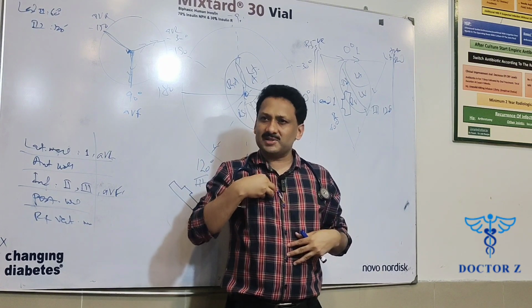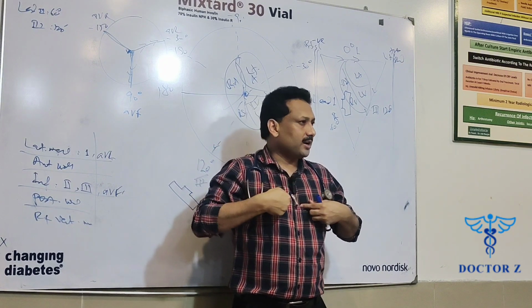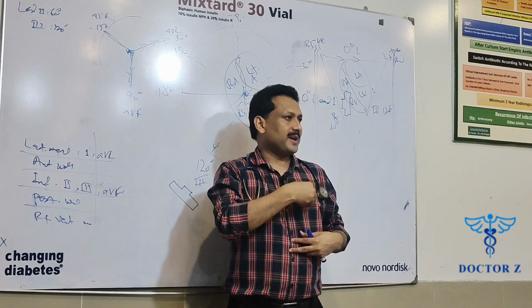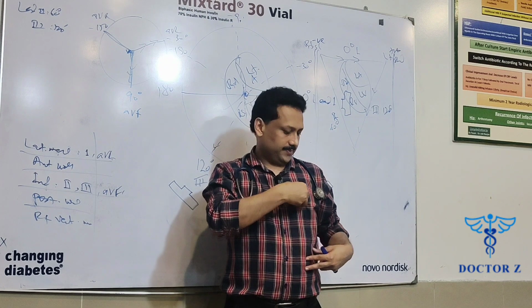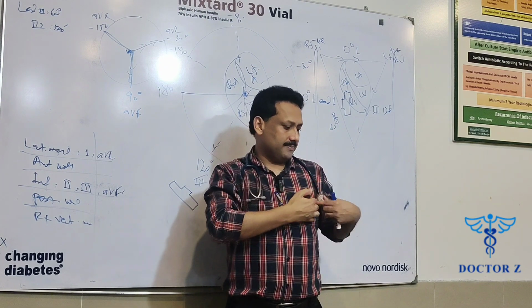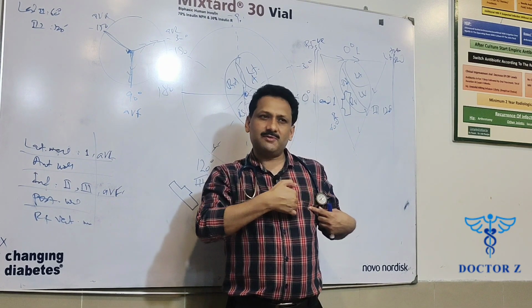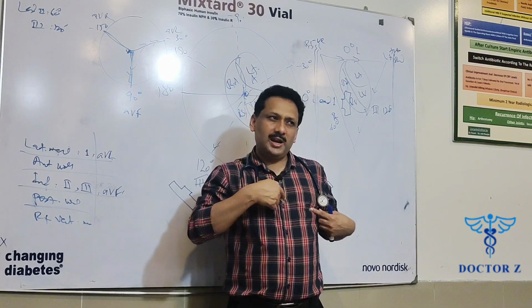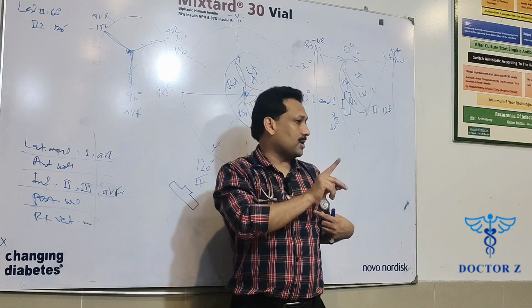We place these chest leads on the fourth intercostal space, right side, V1. Fourth intercostal space, left side, V2. Mid clavicular line, V4. Between V4 and V2, V3. All these four leads are placed in the fourth intercostal space.